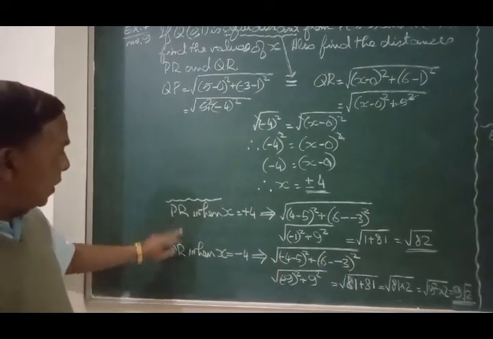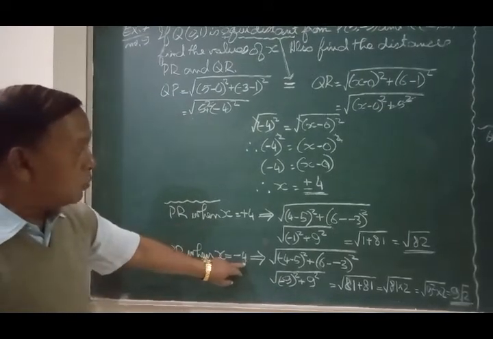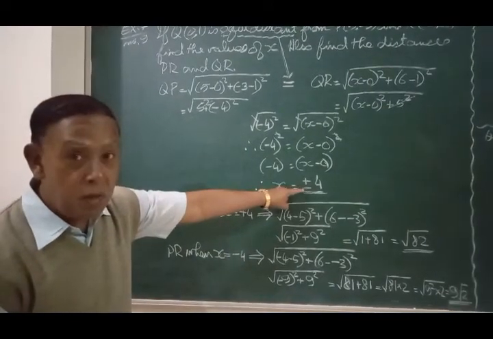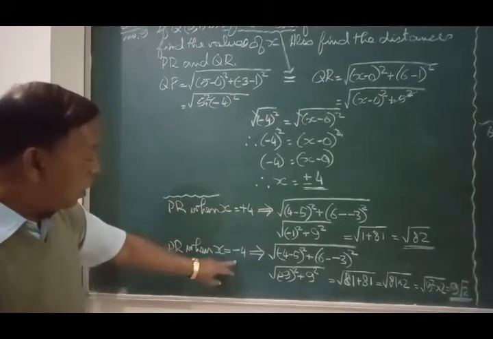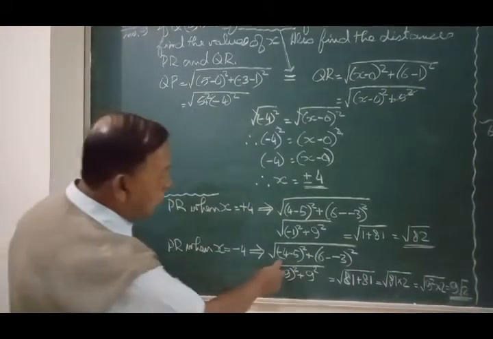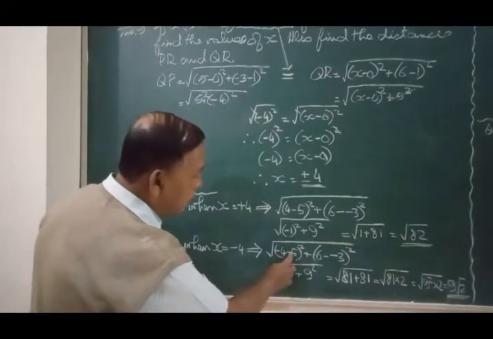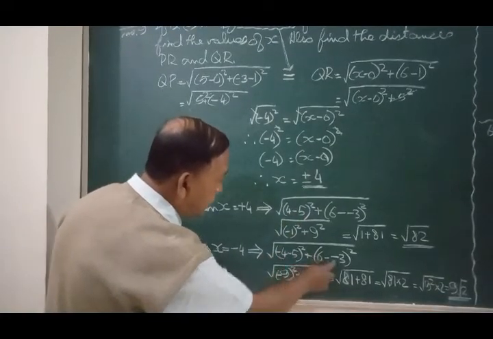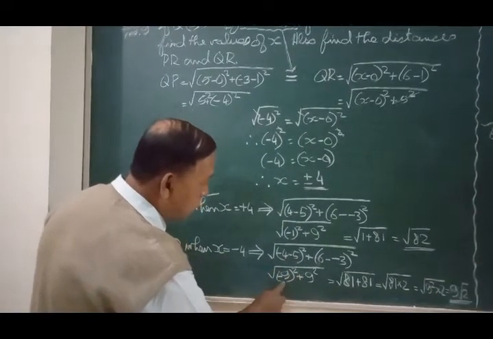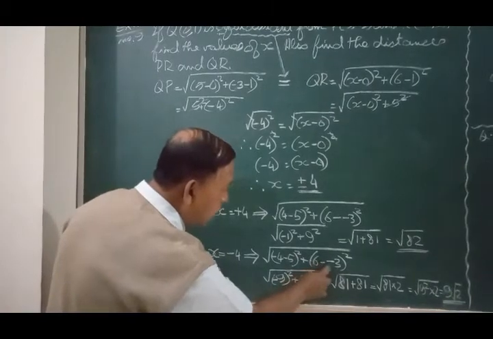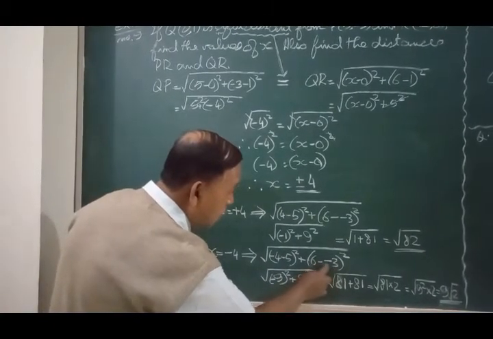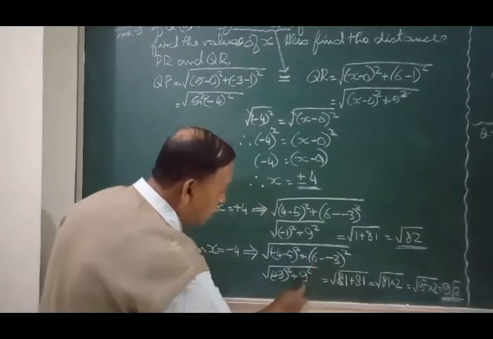Same one, PR when x is equal to -4, because we said x can be +4 or -4. So when it is -4, again we apply the value. -4 minus 5 is equal to -9. Here also minus into minus is plus, 6 plus 3, 9.